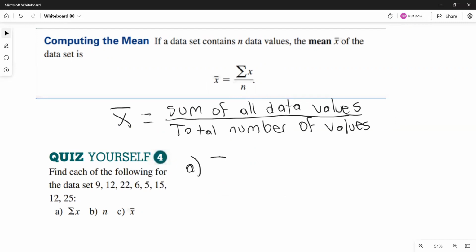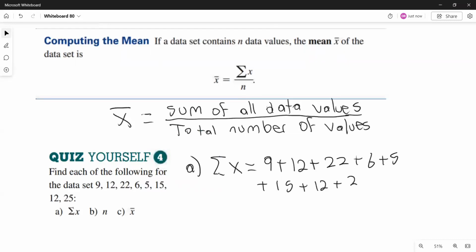The sum of the data values is going to be 9 plus 12. We add these numbers, and the sum is 106. It won't take you too long to see that there are 8 data values.